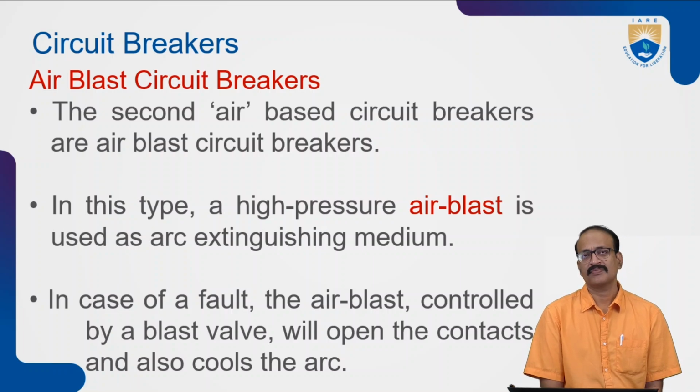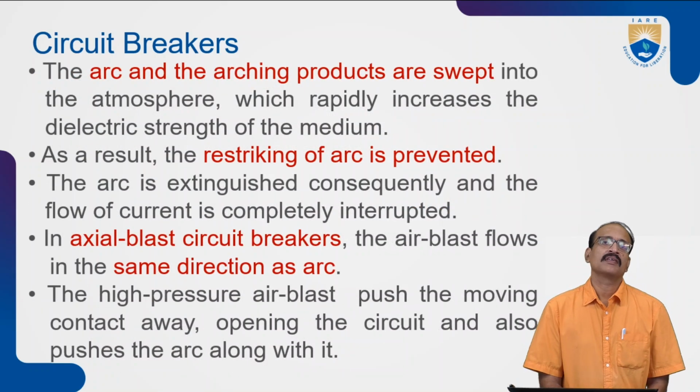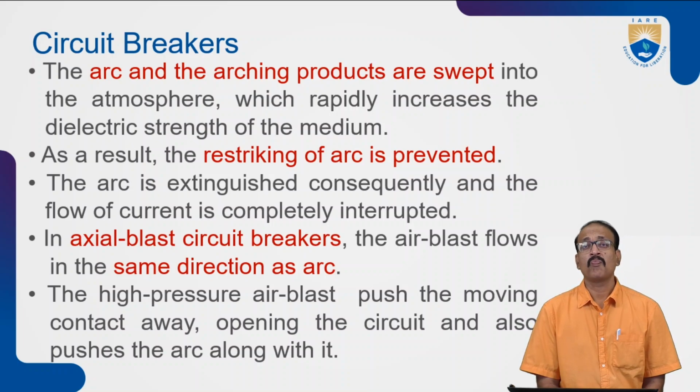Next we have seen the air blast. This is the second type in the air circuit breakers. We are sending high pressure air such that it moves the moving contact away and parallelly blasts the arc, sweeping the arcing products and avoiding the restriking.